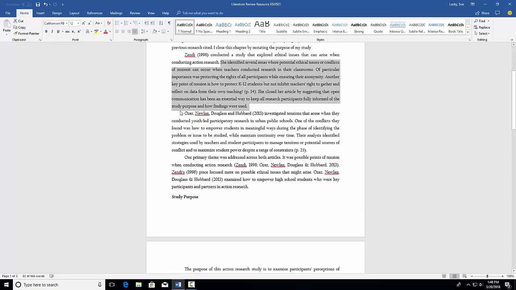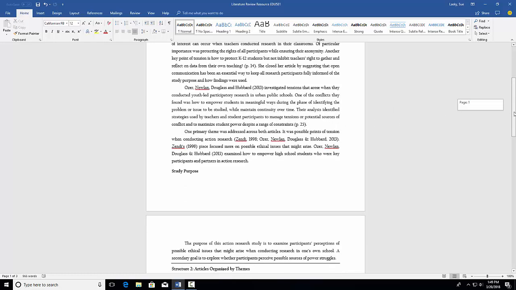Now we move on to the second article that is being used for this model, and it's the most recently published, so it comes after Zendi, which is older. Again, I have paraphrased the purpose of the study, and I have identified key findings from that study.